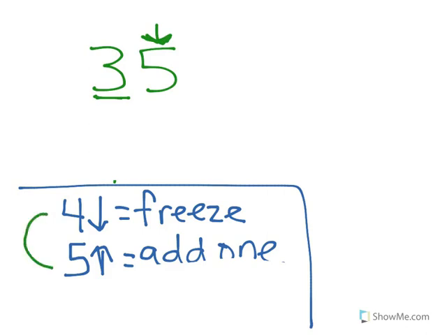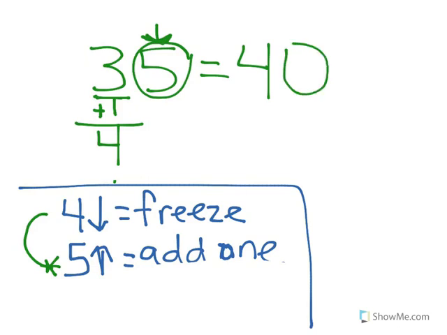Which of these 2 rules applies to me? Well, it would be right here, the 5. The 5 rule tells us to add 1, and we're not going to add it to the 5, we're going to add it to the underlined digit. So the 3 turns into a 4. That's our new tens place. And everything to the right, which would be just 1 digit, turns into a 0.